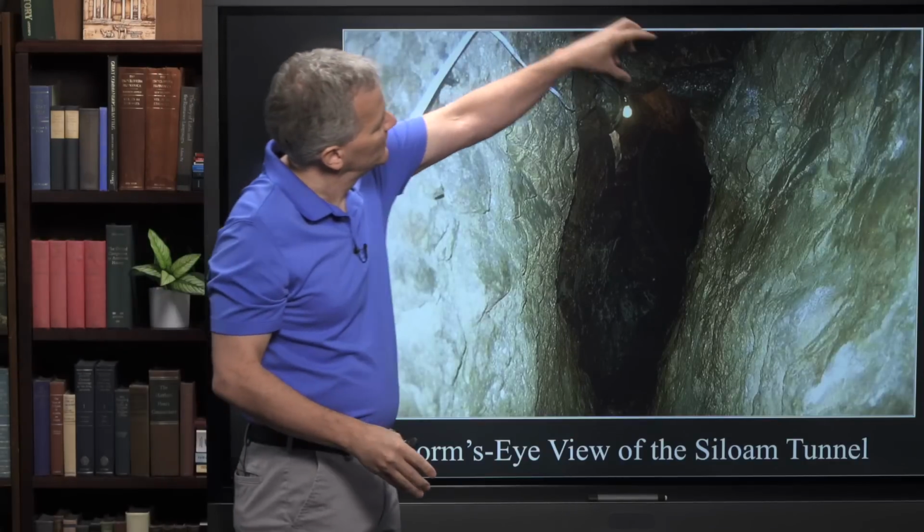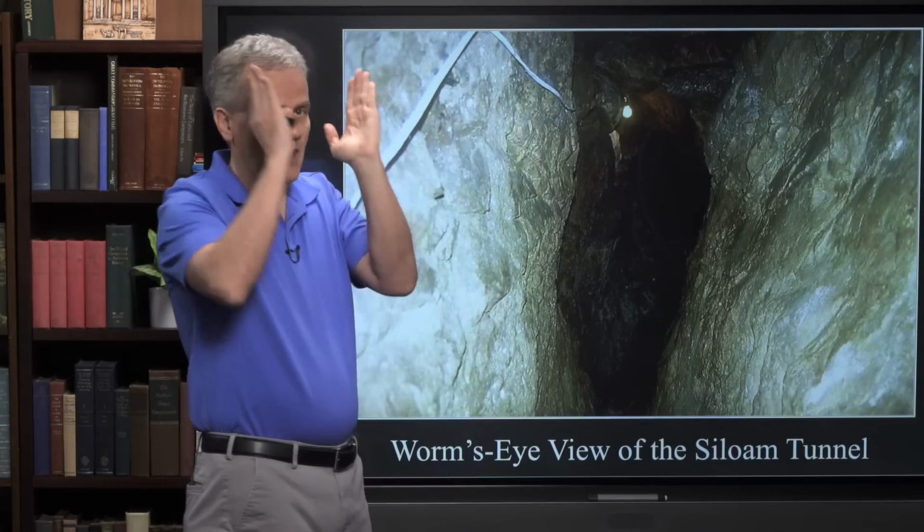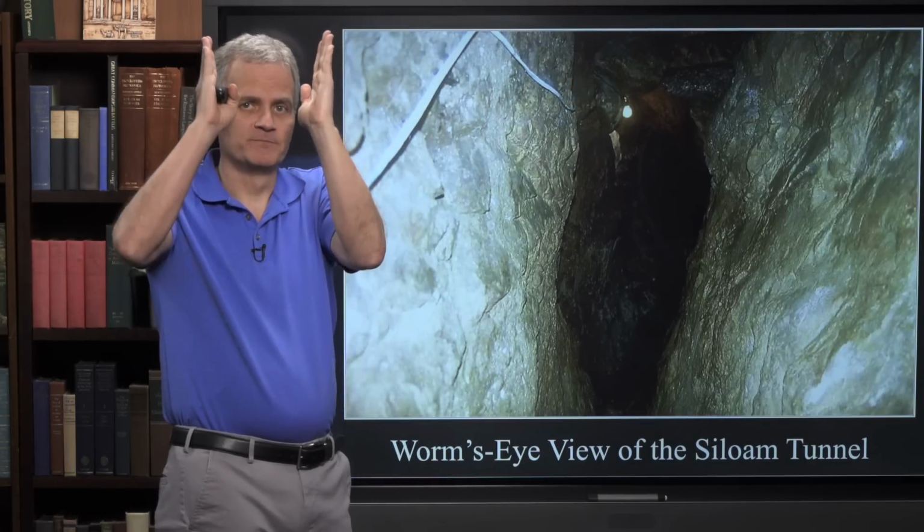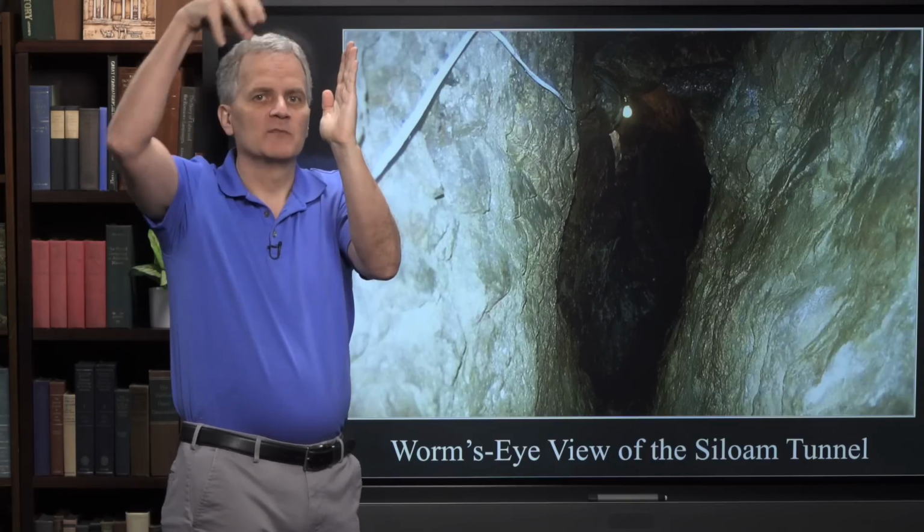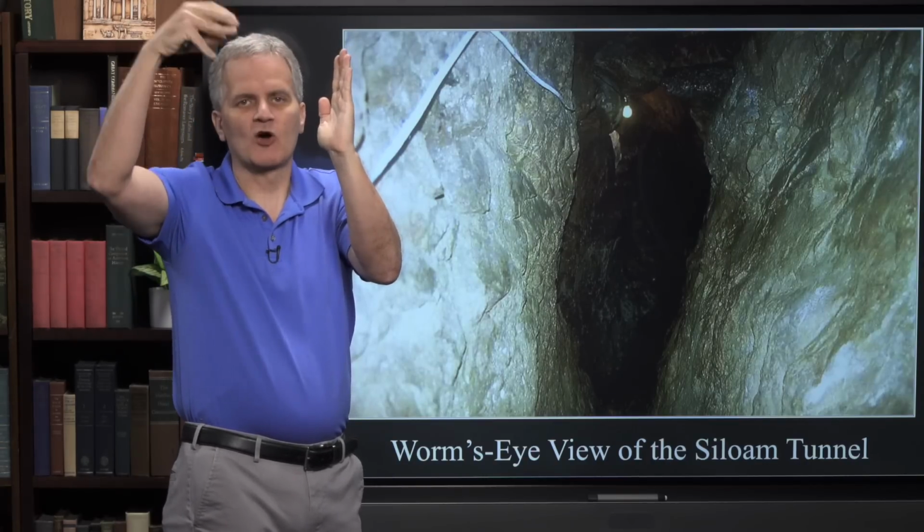But something very important was done by Hezekiah and his people at this point. In order to fortify this area, one of the things that he would have done is stop up that gap in the top of the channel with massive stones. We can call them boulders.